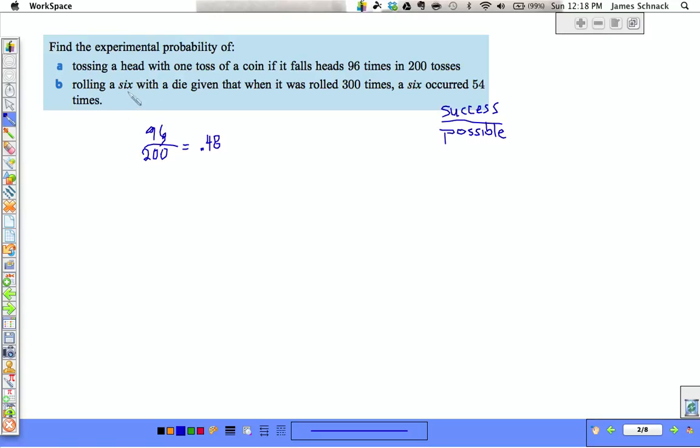For part B, rolling a 6 with a die, given that when rolled 300 times, a 6 occurred 54 times. So a success here would be considered rolling a 6. So how many successes were there? There were 54 out of 300.